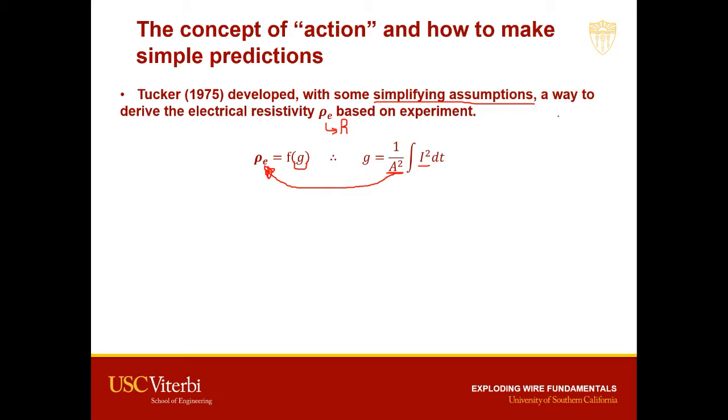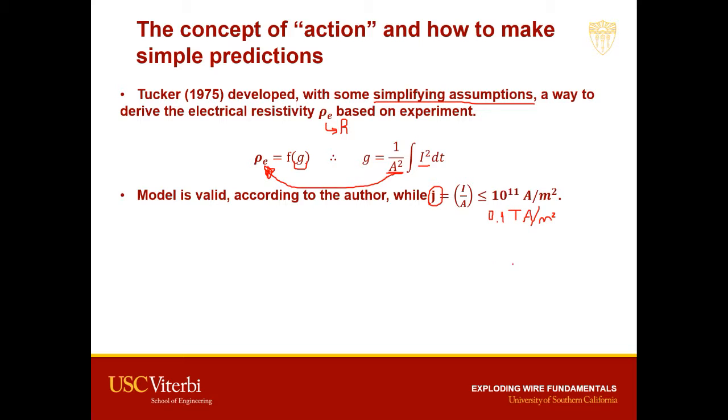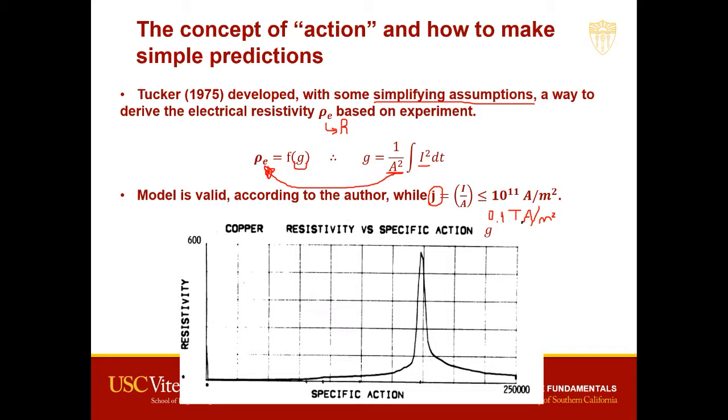That's the reason why I'm showing them here. According to the author, the model is valid until the current density J is less than 0.1 teraamp per square meter. We have to bear in mind that this is a very small current density by nowadays' terms of exploding wires.